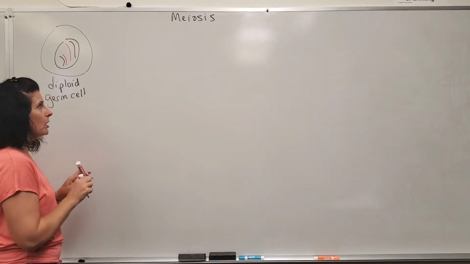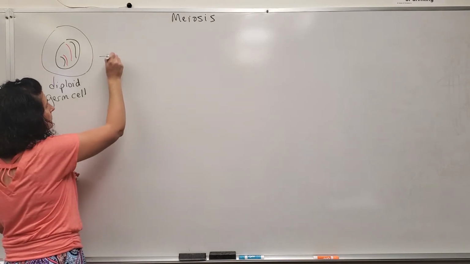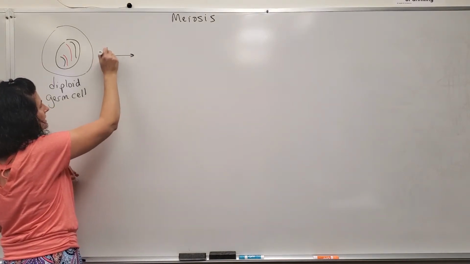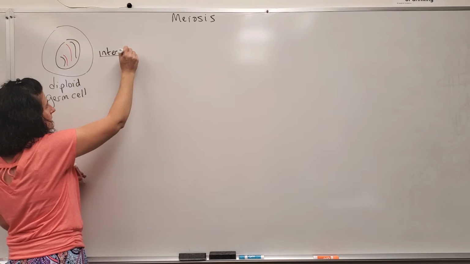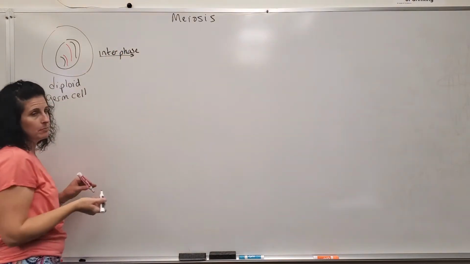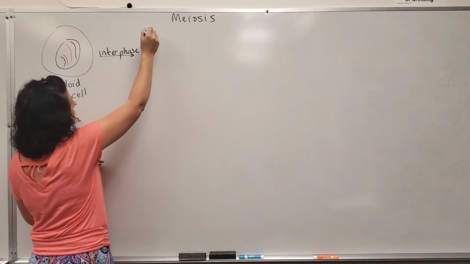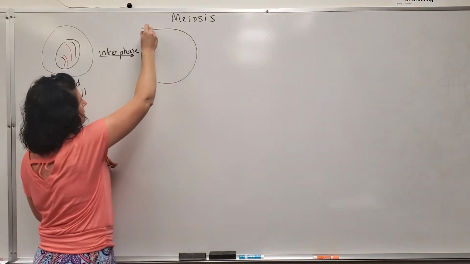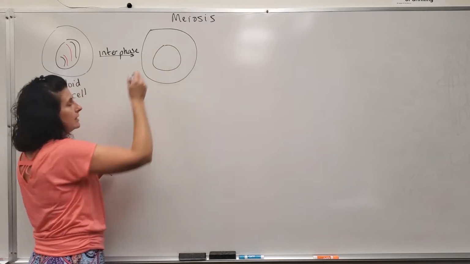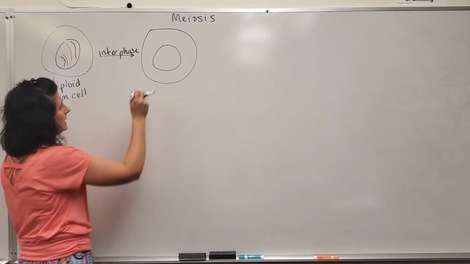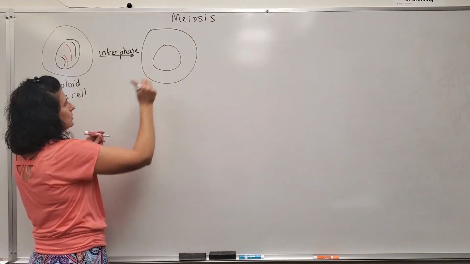Now I'm not going to show all the parts of interphase. Again, I'm just going to summarize it and state interphase. But just like in mitosis that we talked about, it'll go through G1, where the cell will physically get bigger, and then it'll go through S to duplicate all of our chromosomes.